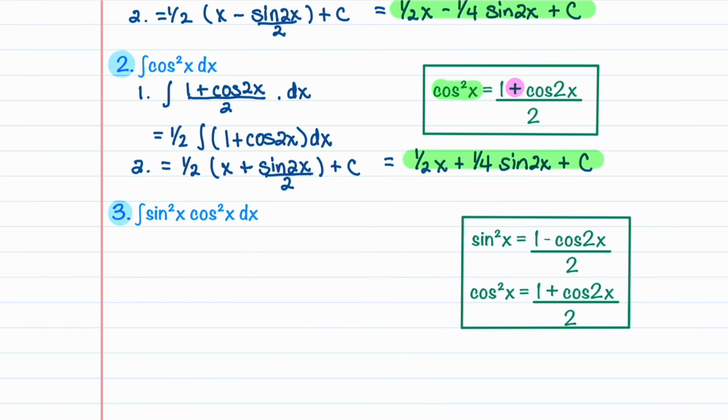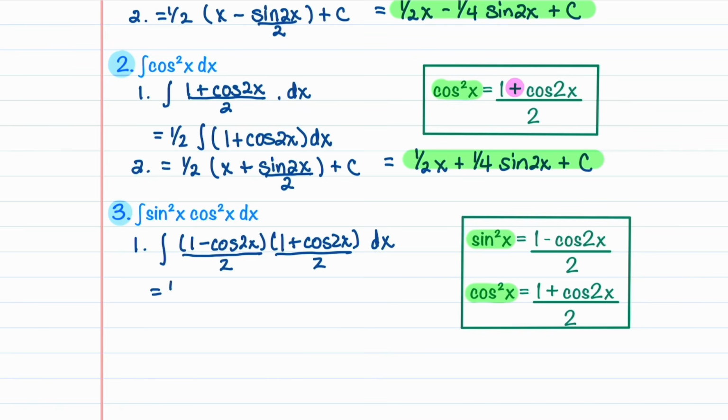Let's now look at our third example. We're going to integrate sin² x times cosine² x. The first thing that we're going to do is look over here on the right at our formulas, and use the power-reducing identities for sin² x and cosine² x. Let's put these in. This gives us the integral of (1 minus cosine 2x) all divided by 2 times (1 plus cosine 2x) all divided by 2, and then we have our dx.